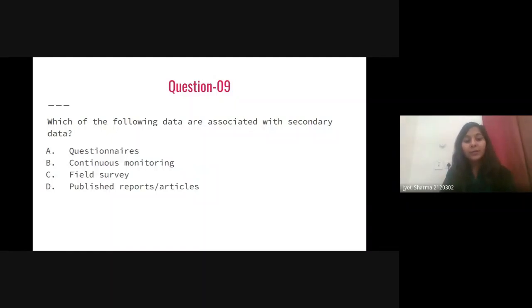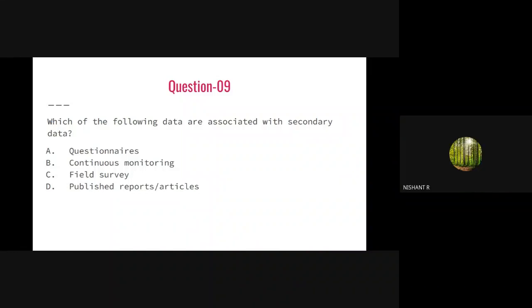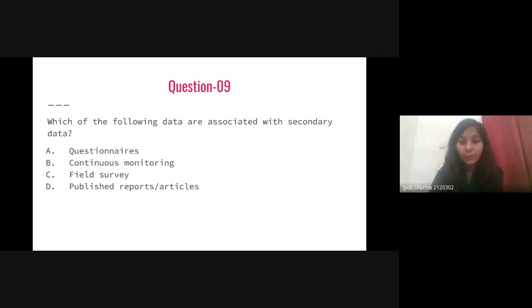Okay. Then my question is, which of the following data are associated with the secondary data? So ABCD: questionnaire, continuous monitoring, field survey, published report, and articles. So what should be the right answer? There is a difference between primary data and secondary data. Nishant, what did you say?